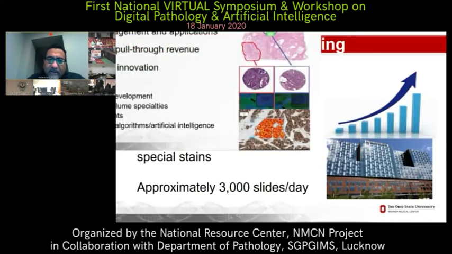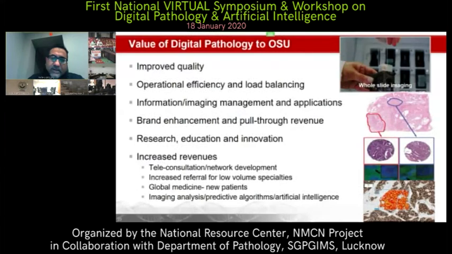For us, the value was to improve quality and to create operational efficiency and balance cases. If I'm in a hospital on a given day and I have too many cases, I can electronically and digitally distribute those cases and balance the load that comes to me.